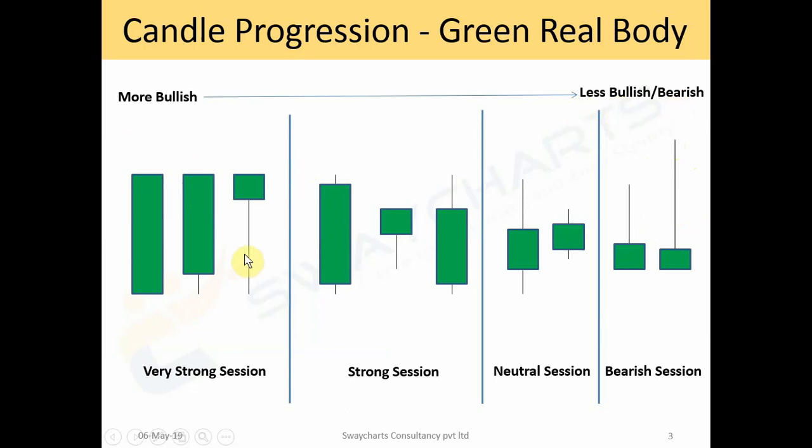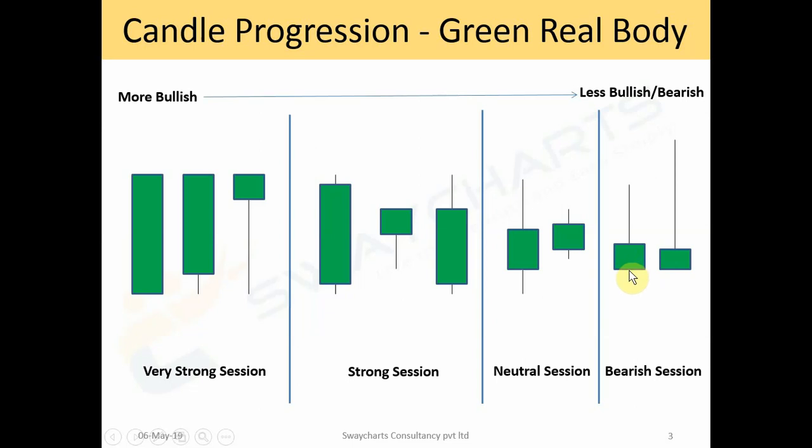We know that the first three are a very strong bullish session, then this is a strong bullish session, then this is a neutral session, and these last two are actually bearish. Though they are green in color, and we know that a green candle is a bullish candle, this is a signal of bearishness in the market, right?